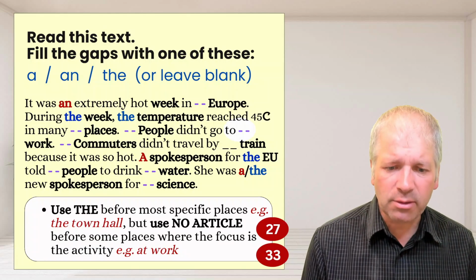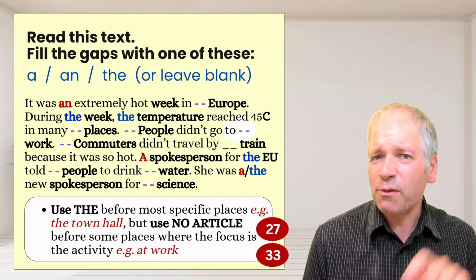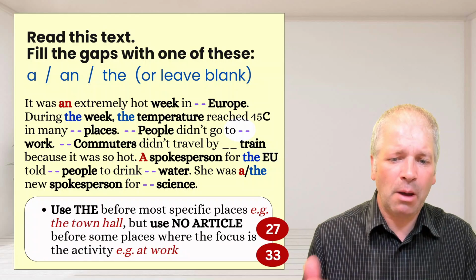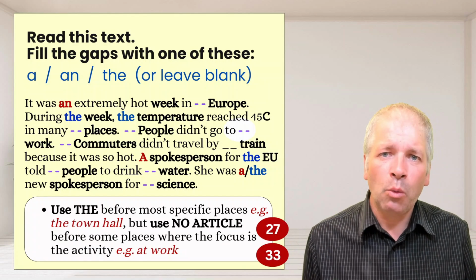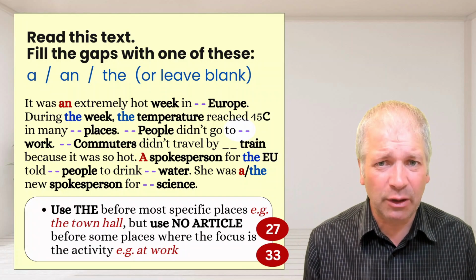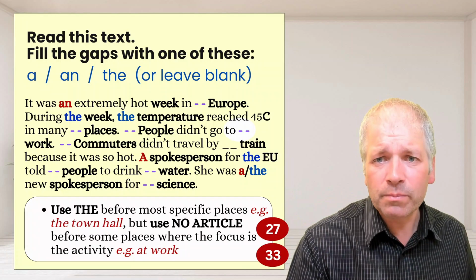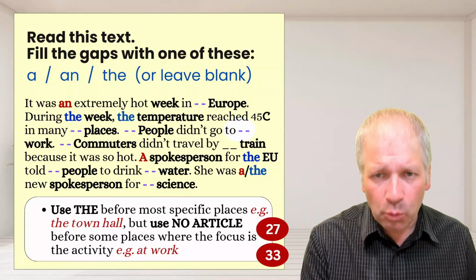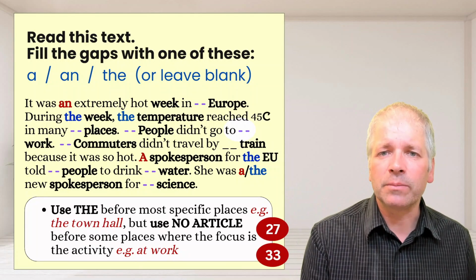We use no article before some places where the focus is on the activity. For example, work. Work is a workplace, but we're actually focusing on the activity of doing work. We're going to the workplace, but we're going to work means the activity.